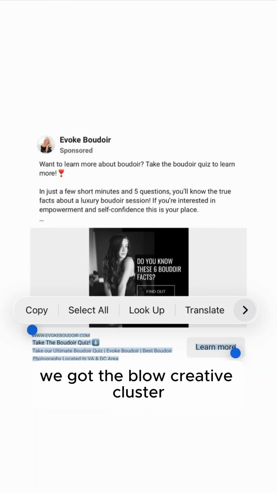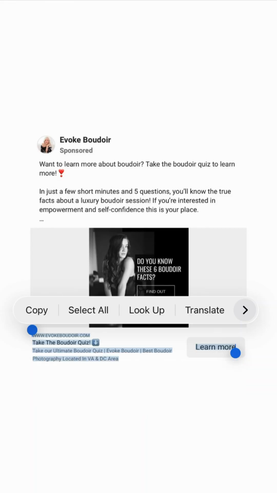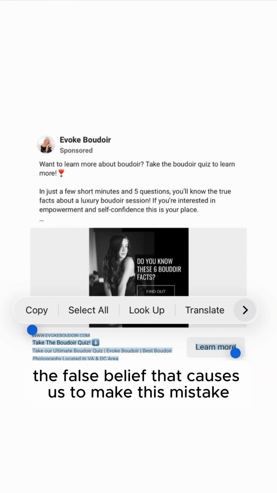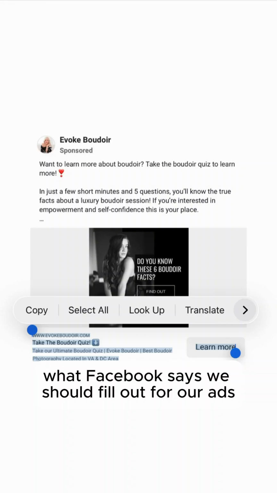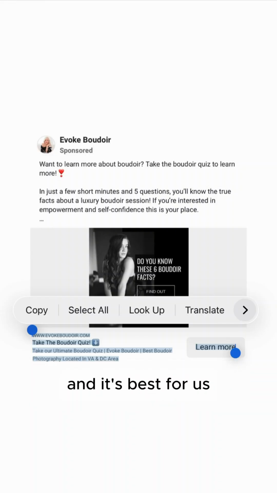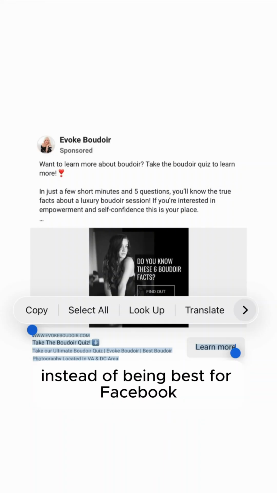So what I'm seeing here, we got the below creative cluster mistake. The false belief that caused us to make this mistake is that we actually believe that we're trusting what Facebook says we should fill out for our ads is what we actually should fill out, and it's best for us instead of being best for Facebook.